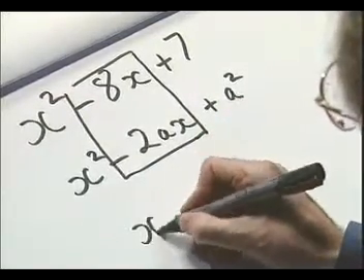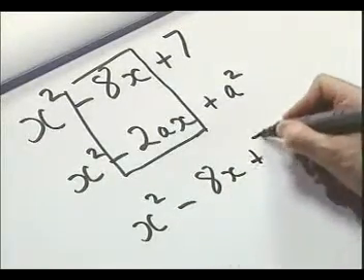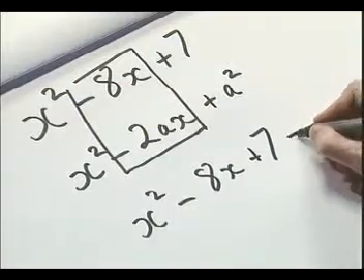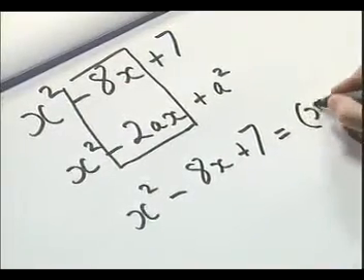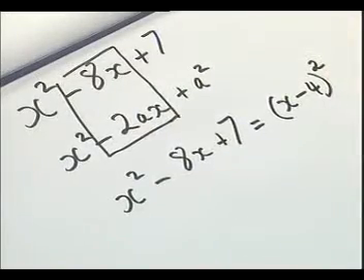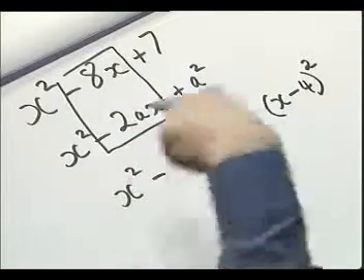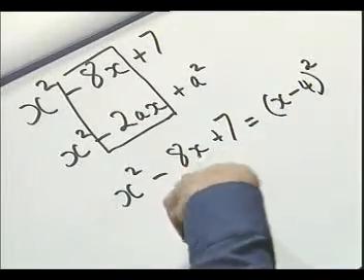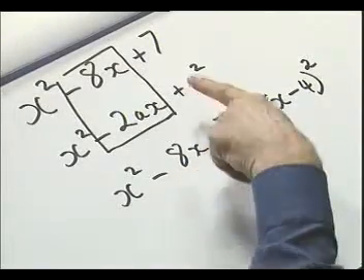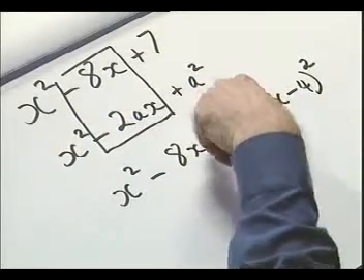So we've got x squared minus 8x plus 7 is equal to x minus 4 all squared. So I've ensured I've got the x squared, I've ensured that I've got the minus 8x, but I've also added on a squared. So I've got a squared too much.